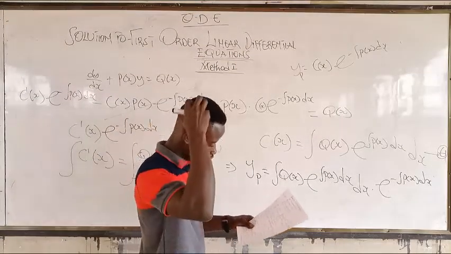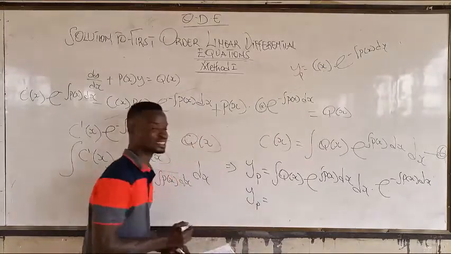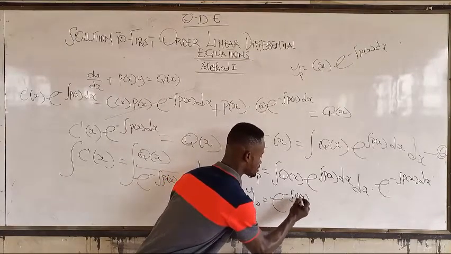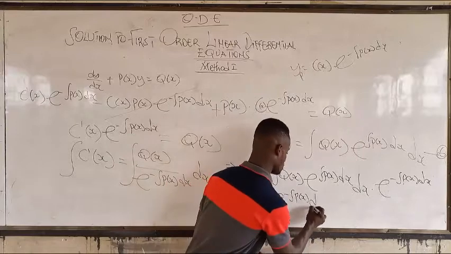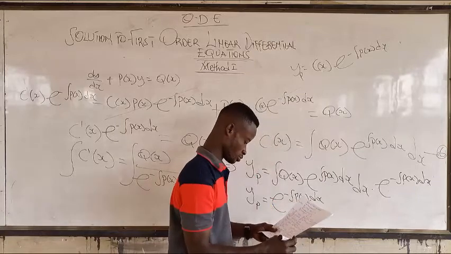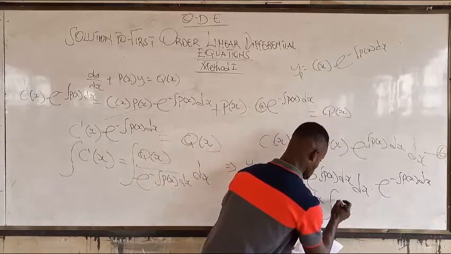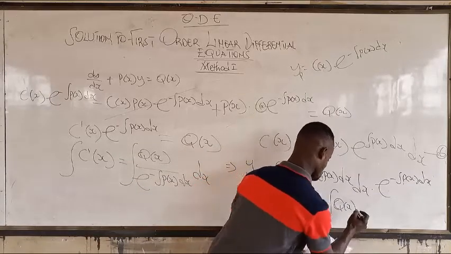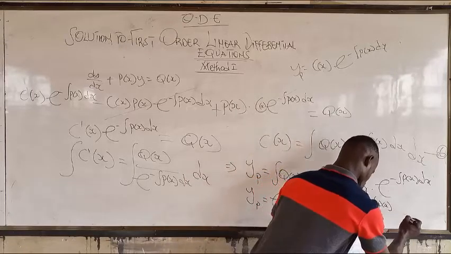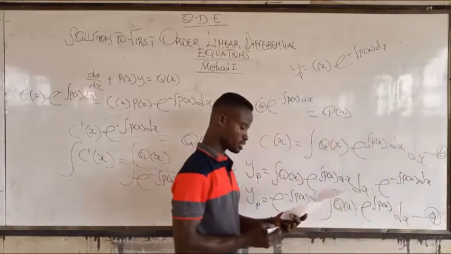And we are going to end up getting y of p, that is for the particular solution, to be equal to e raised to the power negative integral of P of S ds, let me bring it on top, times the integral of this, and it's going to be equation 7.